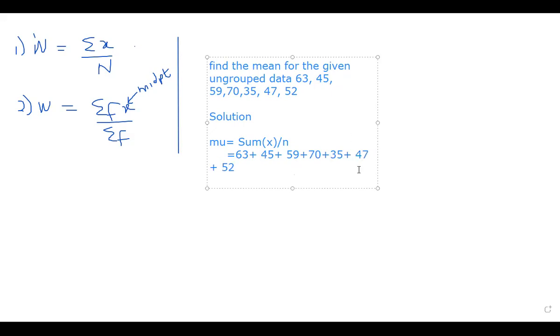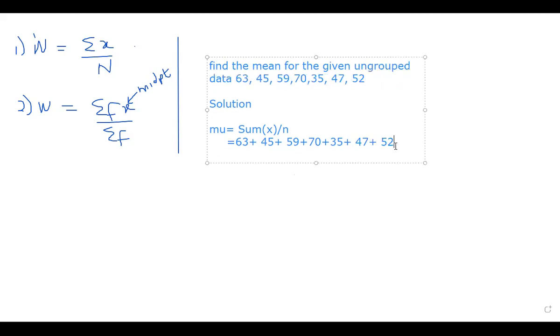Then everything is divided by how many observations we have. That's 1, 2, 3, 4, 5, 6, 7. So divided by 7.